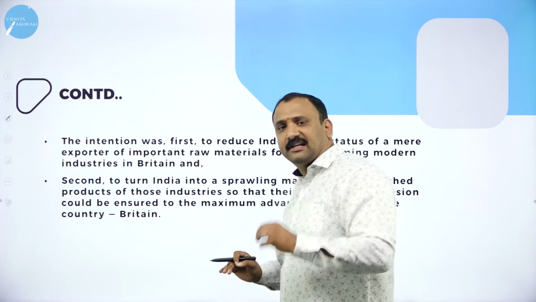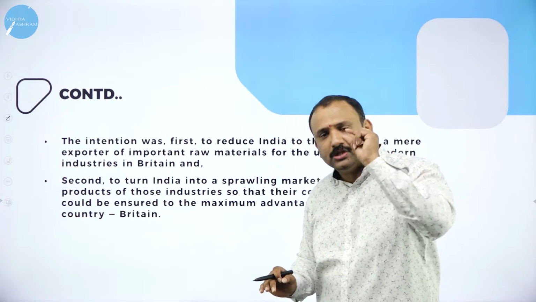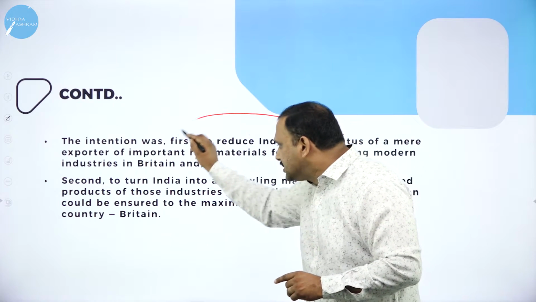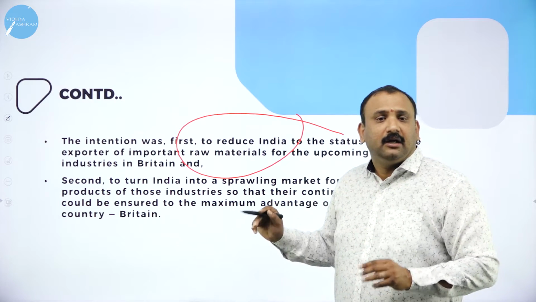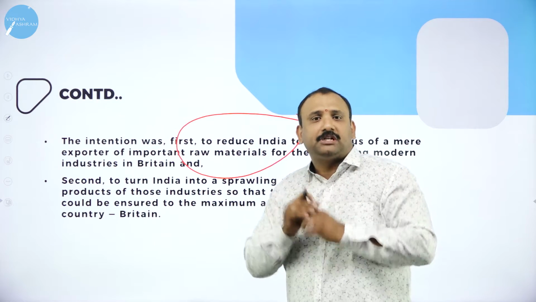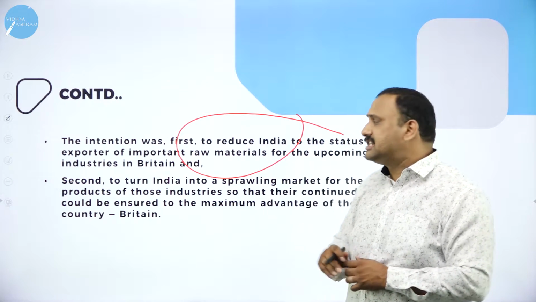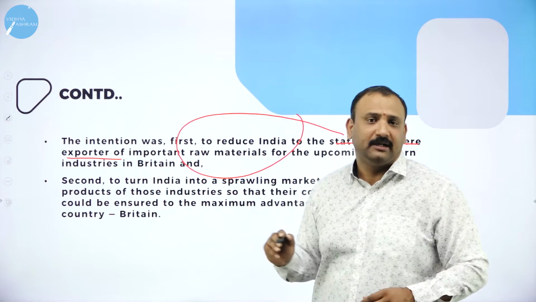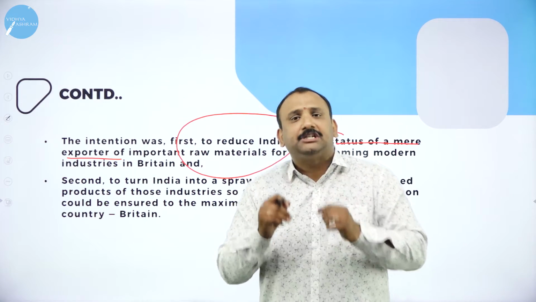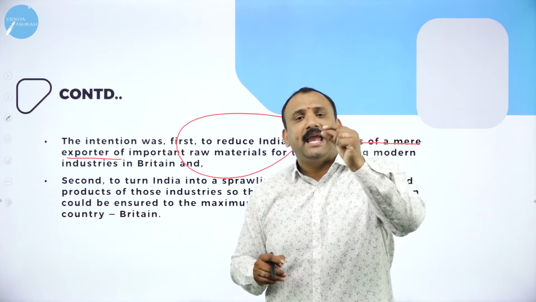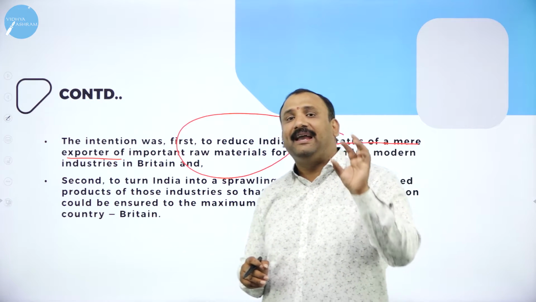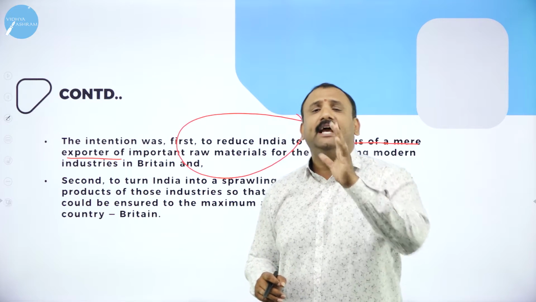Now, moving forward. If you start here, the intention, I would like to use this word intention in economics, was to reduce India, and that is the most important thing that you need to understand, to the status of a mere exporter. So what was the intention of the British? Just to make you an exporter label. They did not want India to be a developed nation, only an exporter.